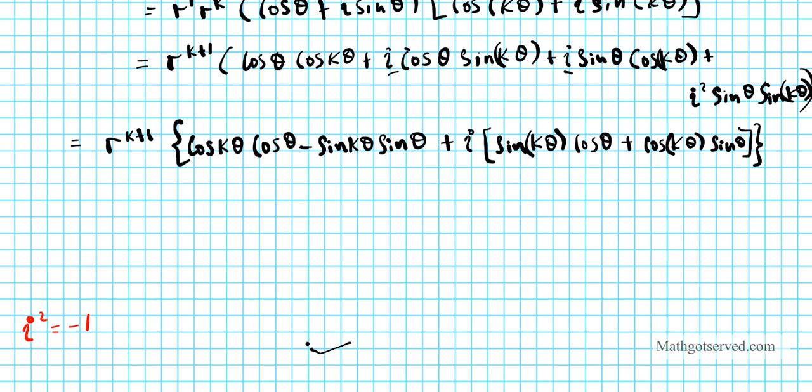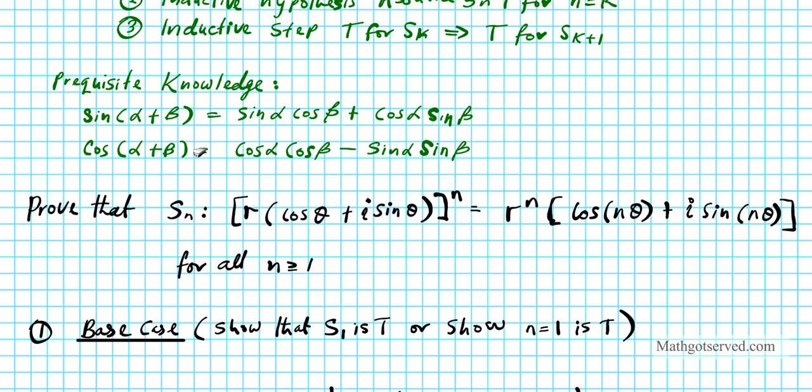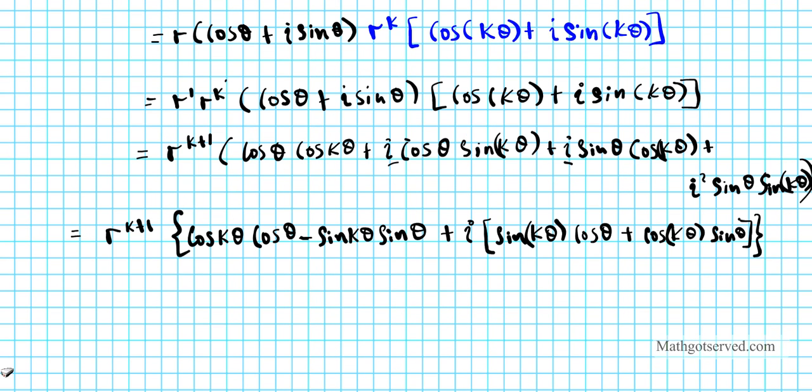Now if you look closely at what we have, this is exactly the sum identities I showed you earlier. Cosine, cosine, sine, sine with a minus in the center. That's exactly what we have here: cosine alpha, cosine beta, sine, sine. So the first expression, let's leave r to the k plus 1 alone, is the sum identity for cosine.